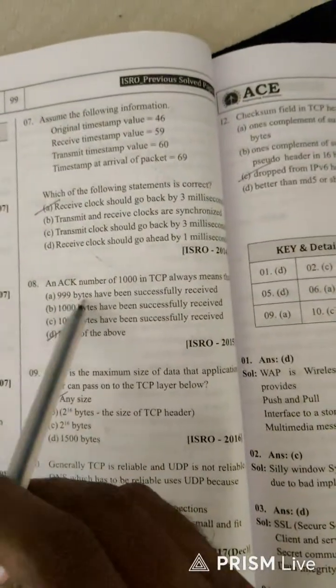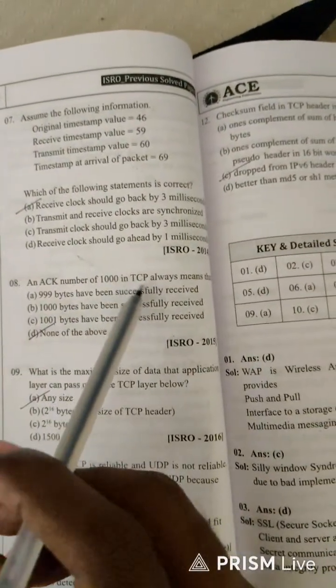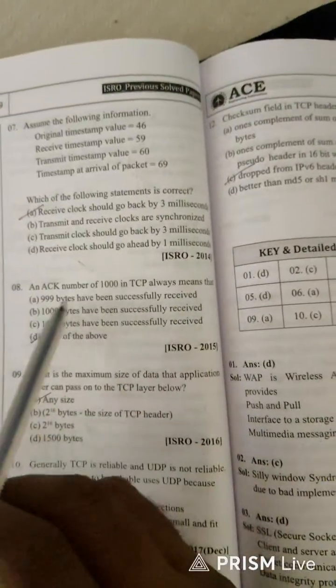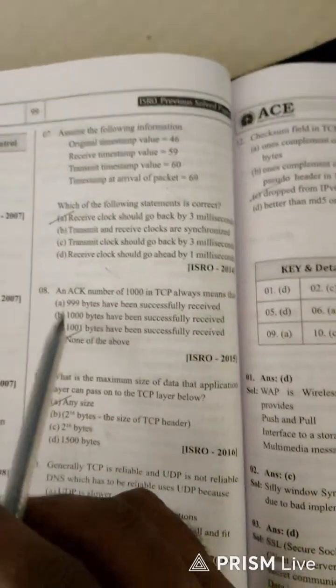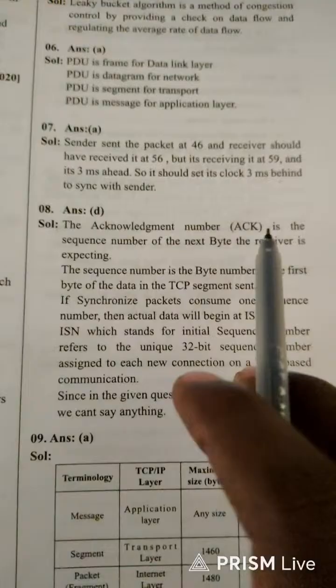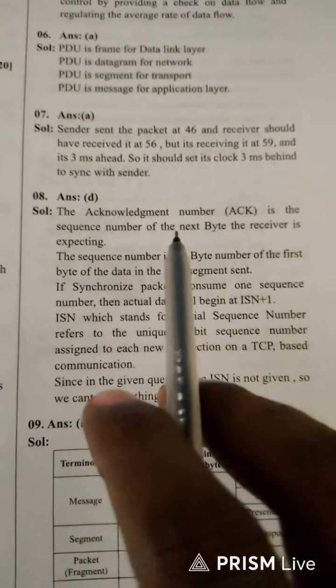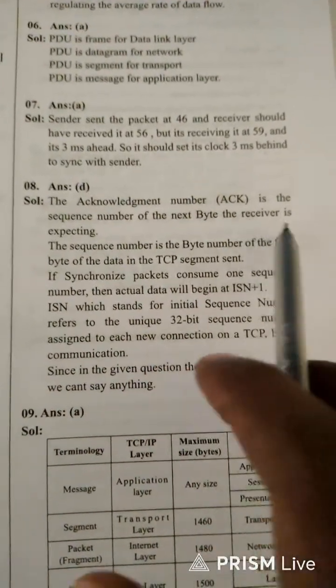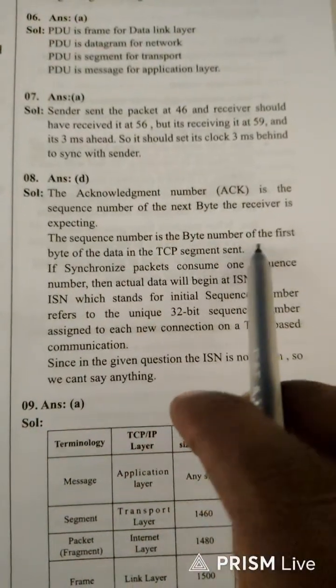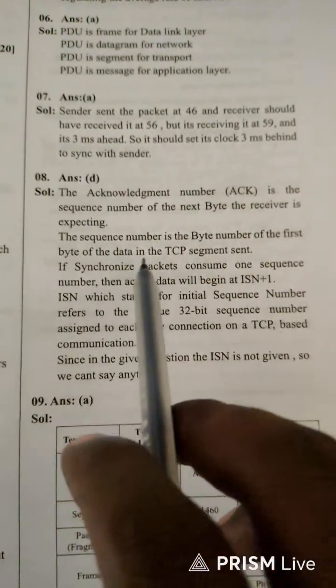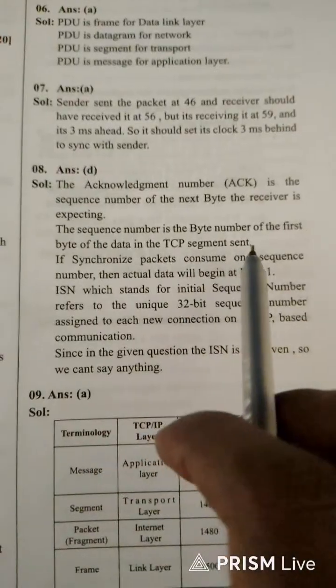An acknowledgement of 1000 in TCP always means that none of the above. The acknowledgement ACK is the sequence number of the next byte the receiver is expecting. The sequence number is the byte number of the first byte of the data in the TCP segment sent.